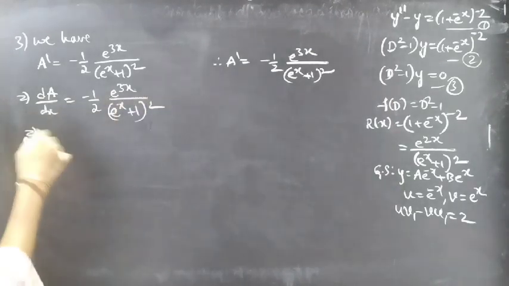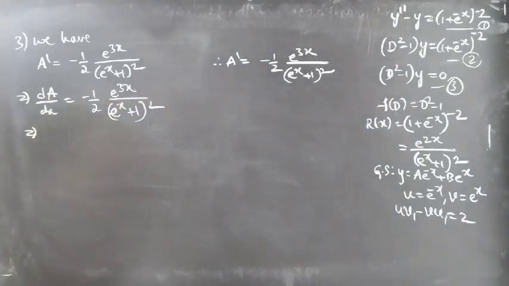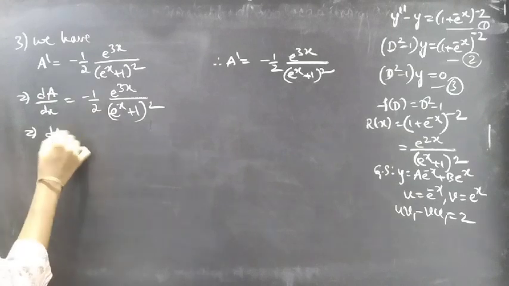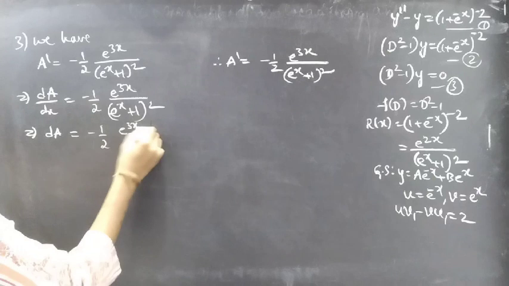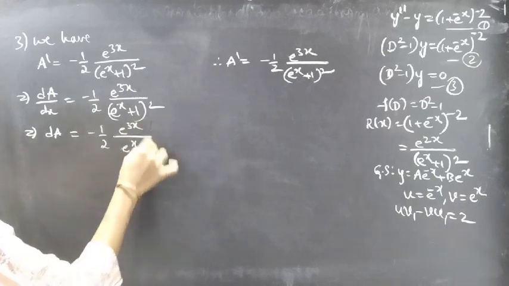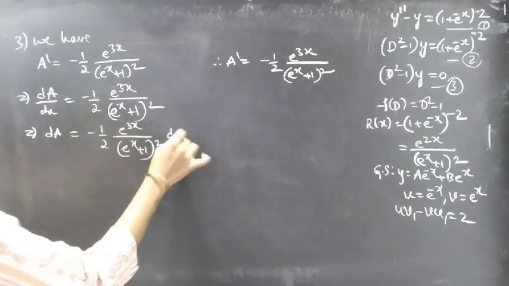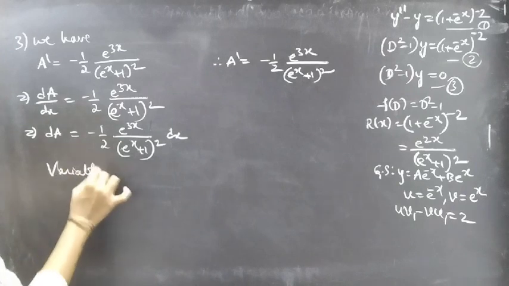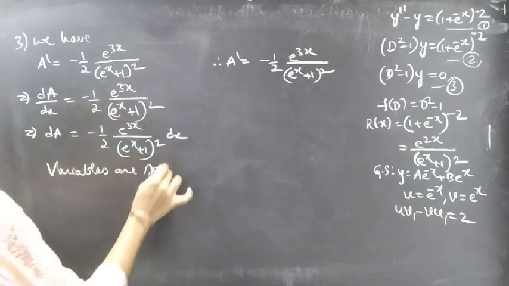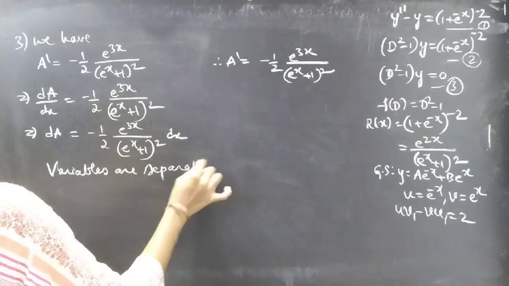Now take the differential dx to RHS in order to separate the variables. We have dA equals to minus 1 by 2 into e power 3x by e power x plus 1 whole square into dx. So here variables are separable. So we can perform integration.